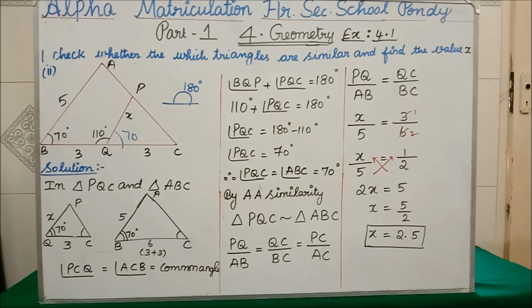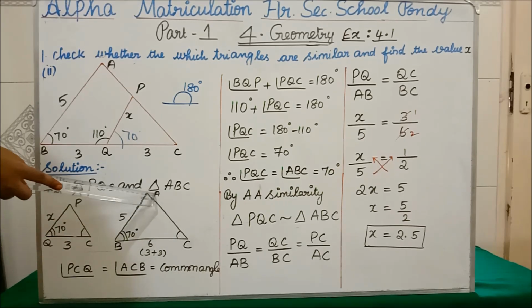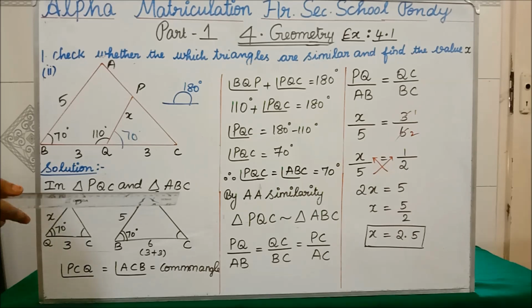Okay, you should not interchange. PCQ, here also we are having C, is equal to ACB. So in bracket you can write it is a common angle.